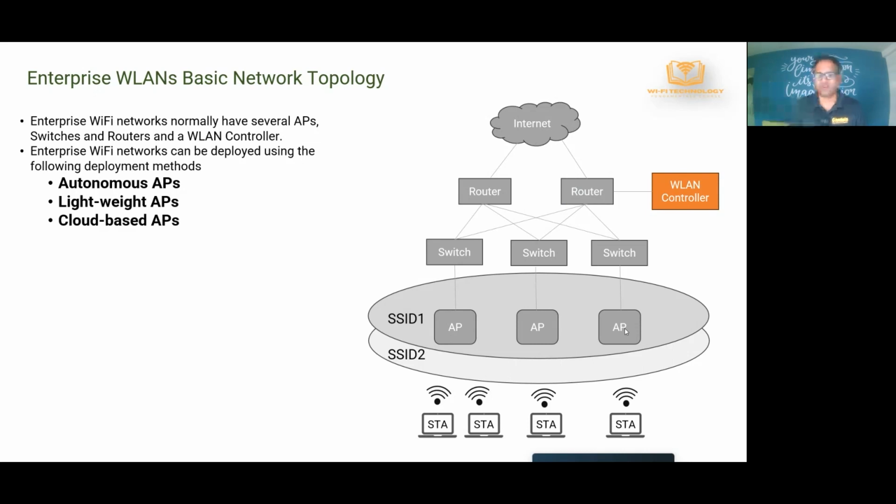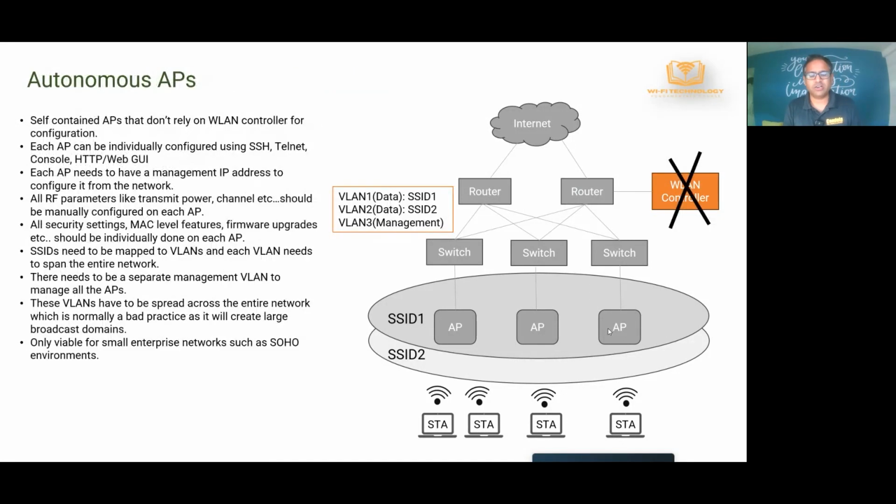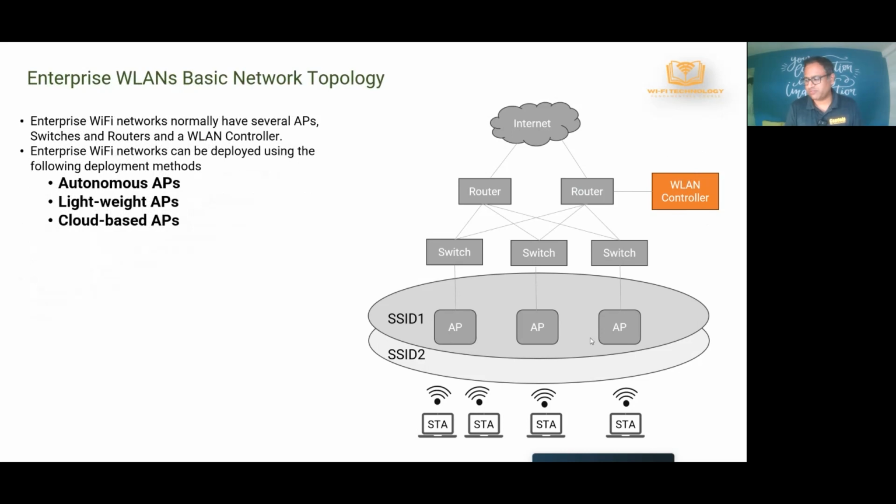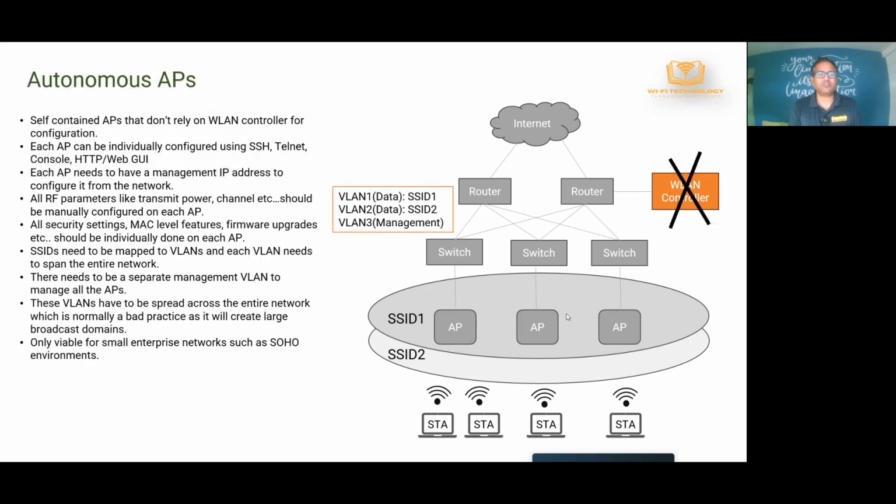And so these SSIDs are normally mapped to what we refer to as VLANs, or virtual LANs, on the wired side. And when we are managing these networks, you use some form of mapping from access points to SSIDs to VLANs. So let's talk about autonomous APs first. Autonomous APs are where the APs are self-contained and they don't rely on any wireless LAN controller.